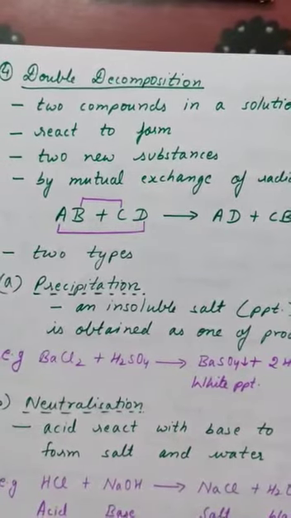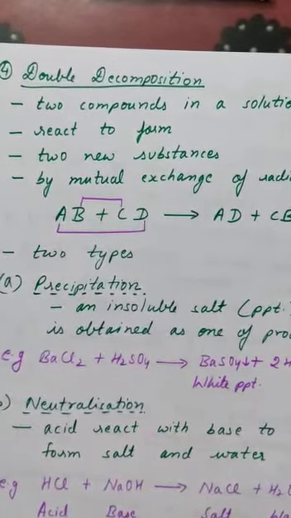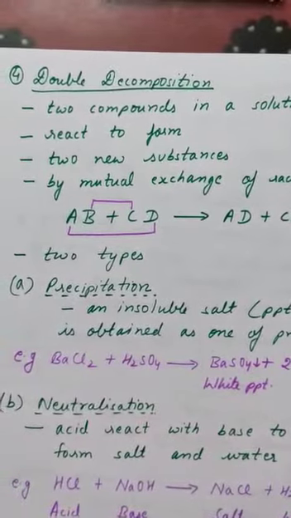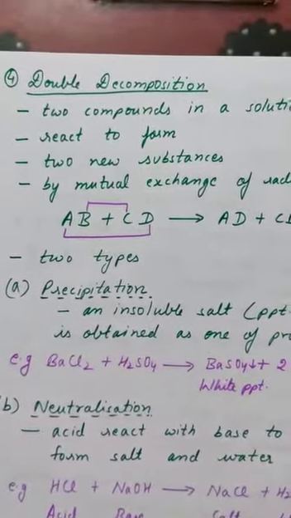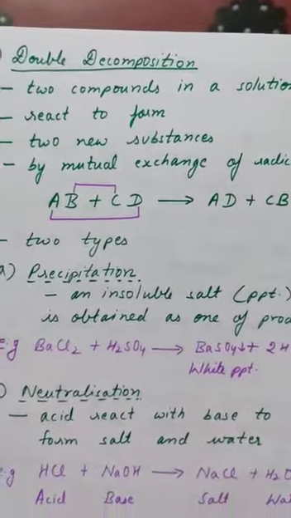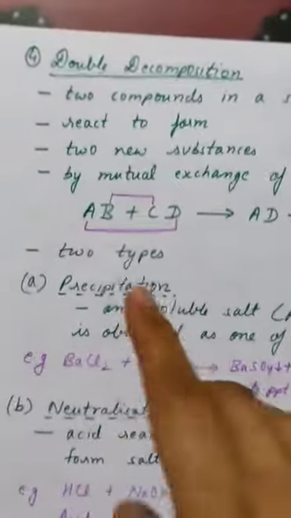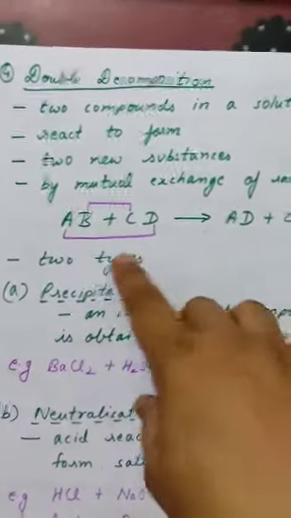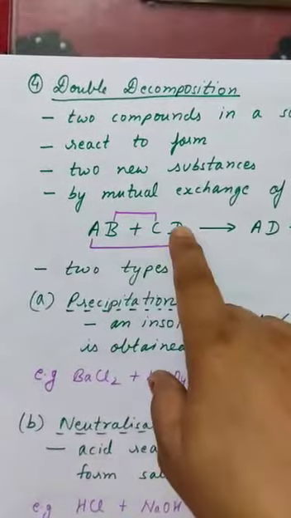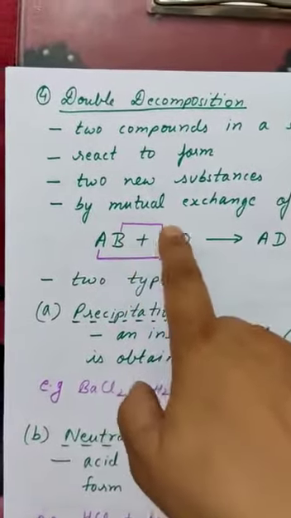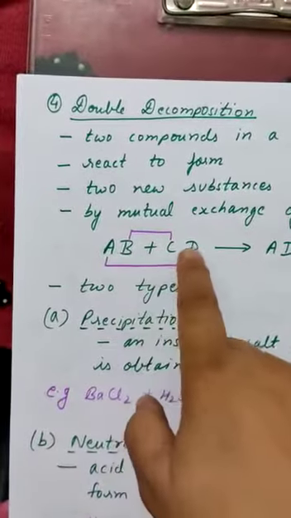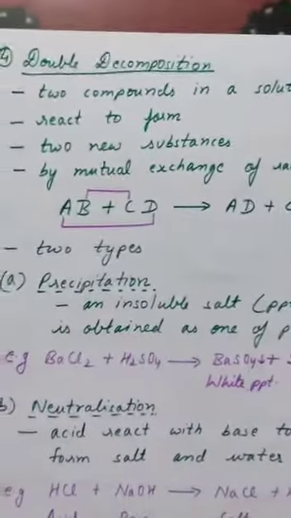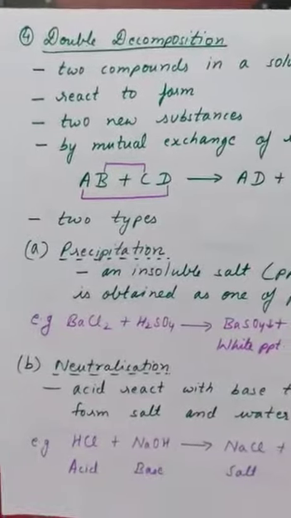So the positive radical of one compound will react with the negative radical of the other compound to form two new substances. That is, when AB reacts with CD, it will form AD and BC. So there is exchange of radicals between the two substances.